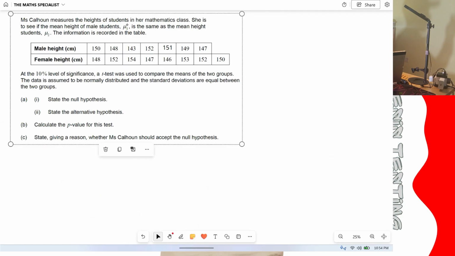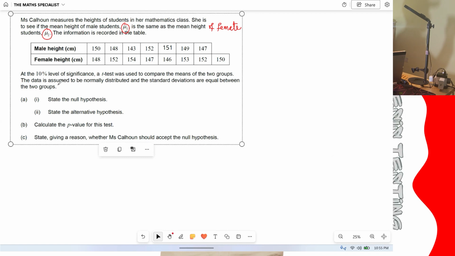She wants to see if the mean height of male students, which she calls mu1, is the same as the mean height of female students, which she calls mu2. The information is recorded in the table. In the given table, we have the male height in centimeters, and we have the female height also in centimeters.